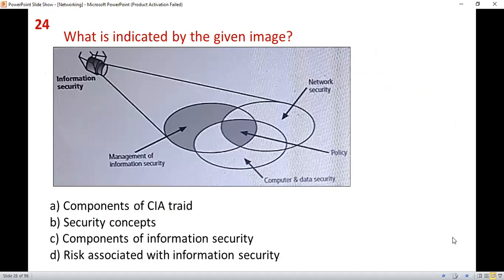Okay. The next question you can see here: what is indicated by the given image? You can see here information security, management of information security, computer and data security, policies and network security. And the options are components of a CIA triad, security concept, component of information security, risk associated with information security.